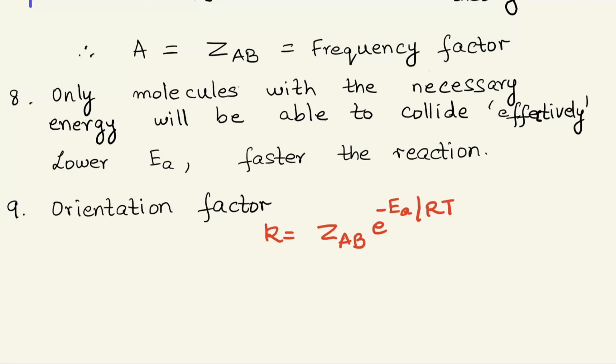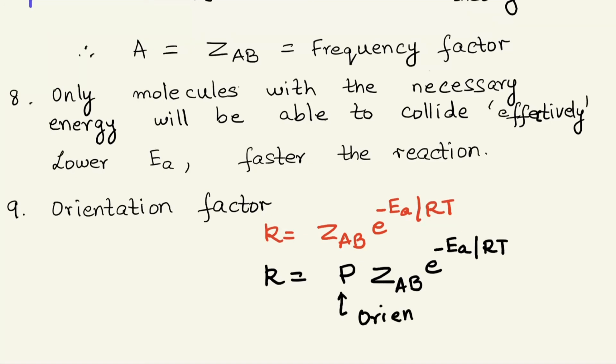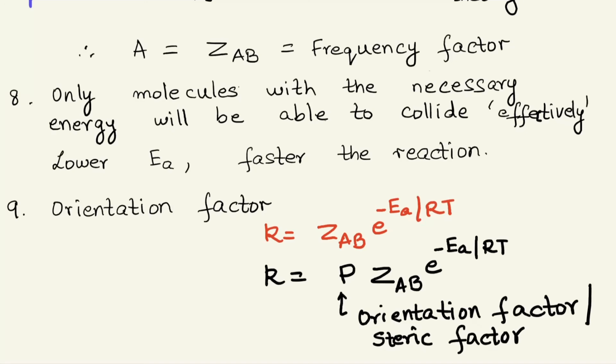So what do we do? We introduce a correction factor, which is the orientation factor represented by P: K equals P Z_AB e to the power minus Ea by RT. This P is our orientation factor, or it is also called the steric factor. Now this orientation factor or steric factor is going to be very, very useful when you study the organic compounds.